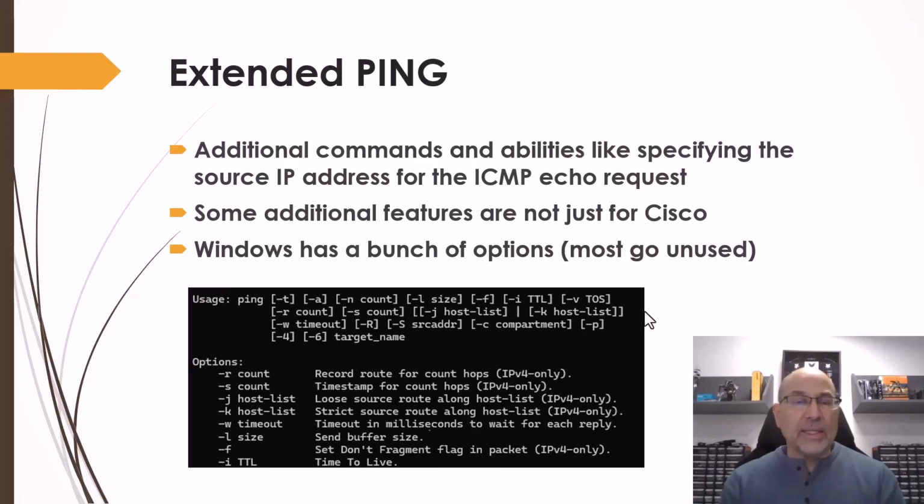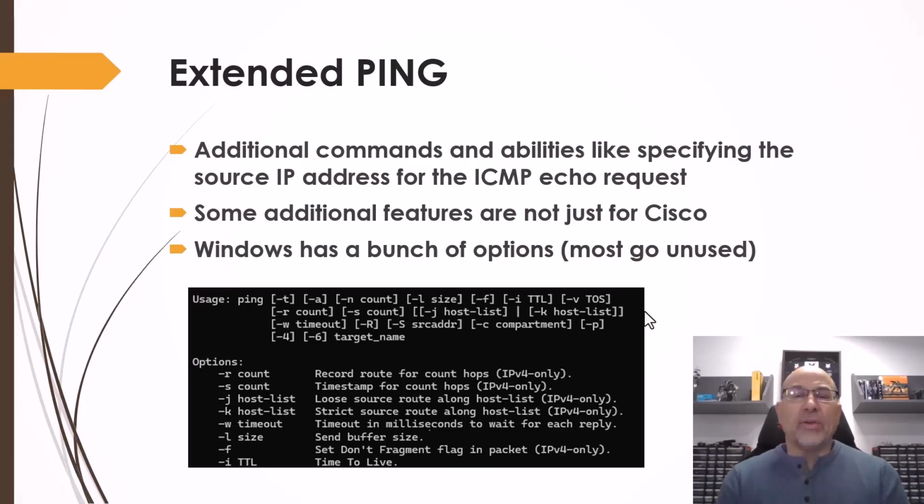But that leaves out some troubleshooting steps that you might take. So the extended ping gives us the ability to specify connectivity to any one of the router's addresses. So you can substitute a different source IP for the ping, and I'll show you what that means here in a minute.